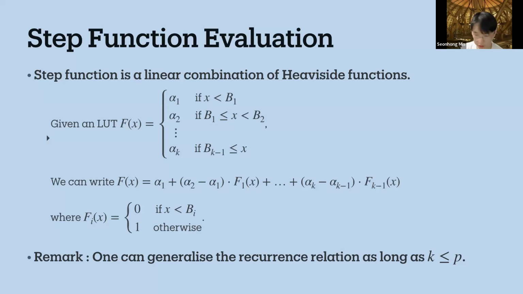So you can use that algorithm from the previous slide to compute those k minus 1 Heaviside functions, and you can simply compute the linear evaluation of those Heaviside functions. Also, I would like to remark that one can generalize the recurrence relation as long as the number of intervals is smaller than or equal to p.